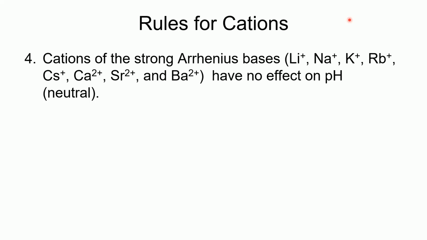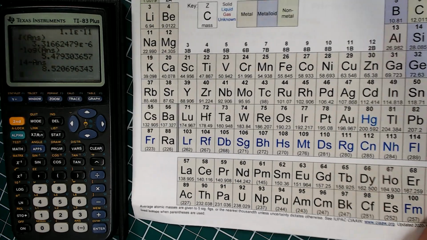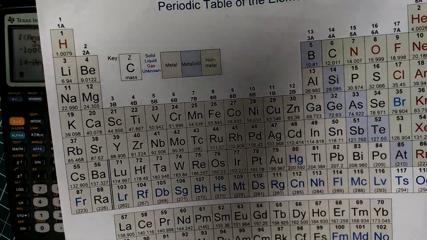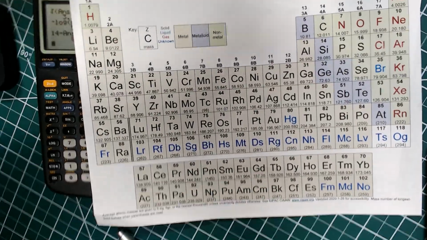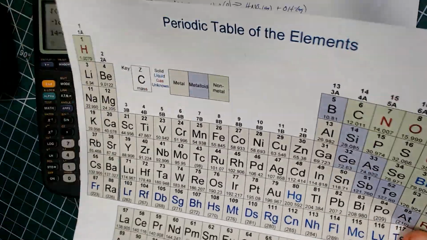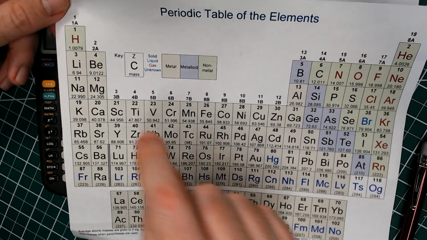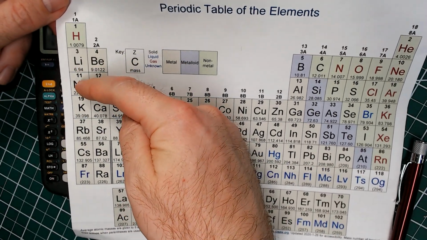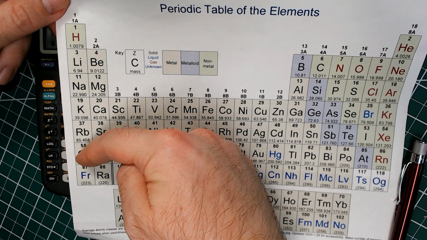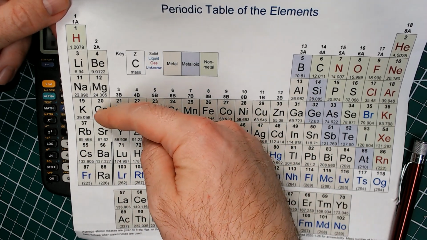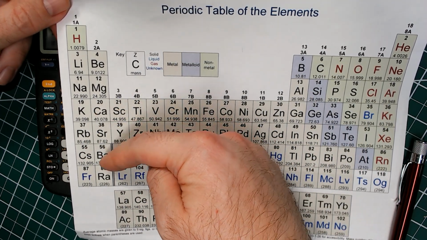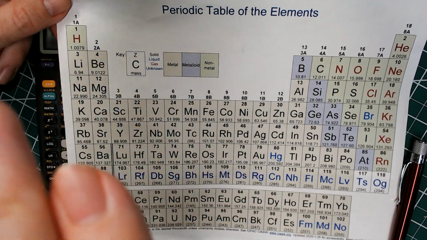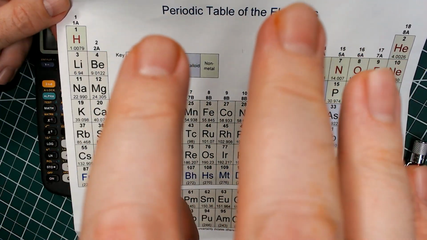To illustrate this, I'm going to pull up a periodic table. All right, so here is our periodic table. And so the group 1, lithium, sodium, potassium, rubidium, cesium, and then the bottom 3 in group 2, calcium, strontium, and barium, those are going to have no effect on the pH.